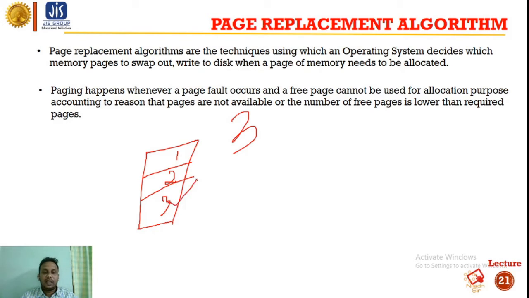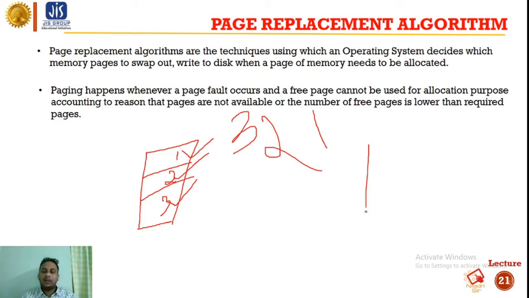Because 3 is already there. If it was 2, there would also be no page fault, because 2 is there. If 1, then also no page fault, because 1 is there. So if the page that we want to execute is in the memory, there is no page fault.